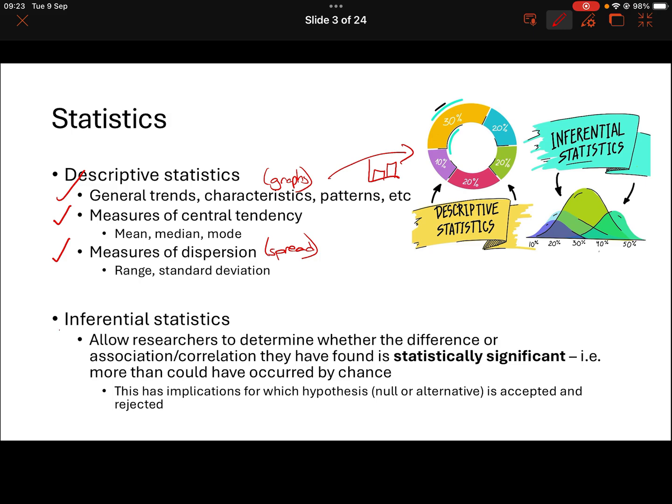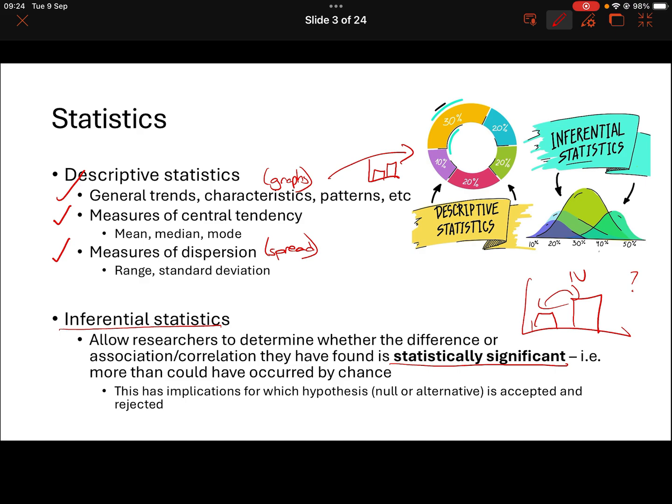So when we're talking about inferential testing, this involves using statistical techniques, and that will tell a researcher whether their finding is significant or not. In other words, is the difference between the conditions in an experiment big enough for us to be confident that that difference is due to the IV rather than something else.